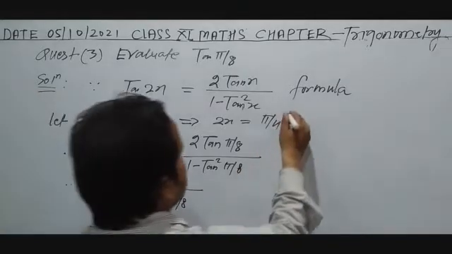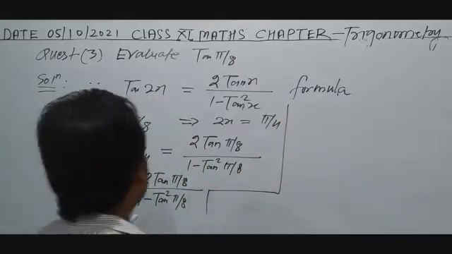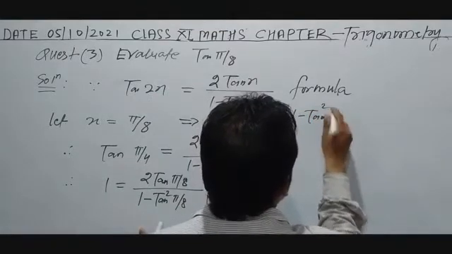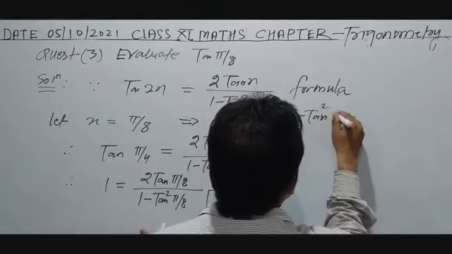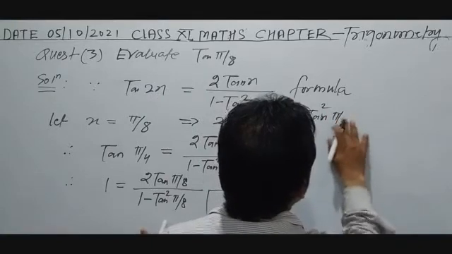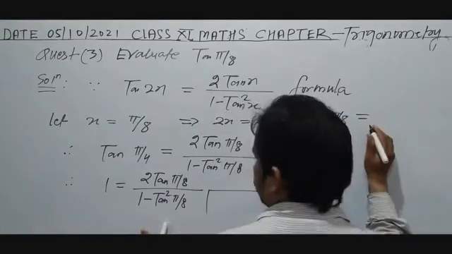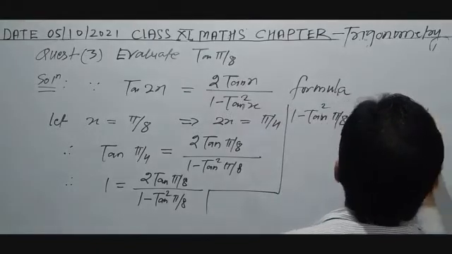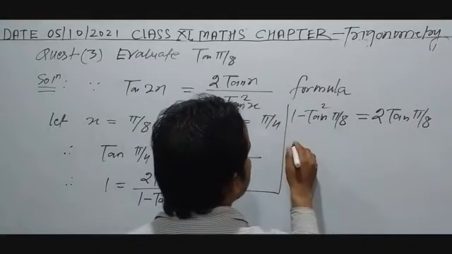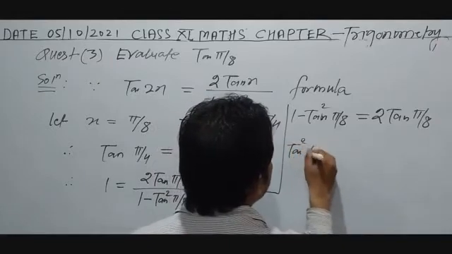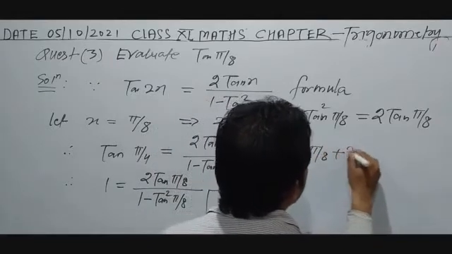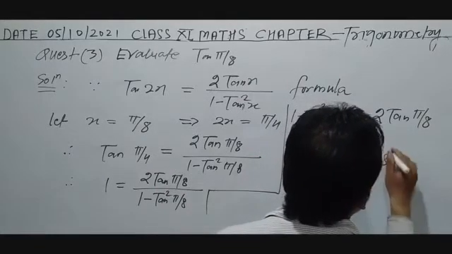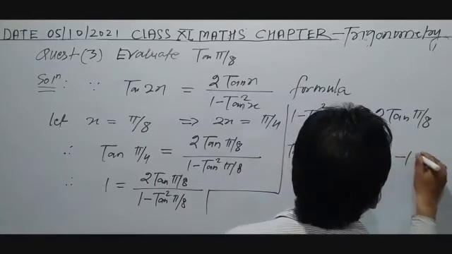After cross multiplying, what will be the result? 1 minus tan square pi by 8 is equal to 2 times tan of pi by 8. Then the result will be tan square pi by 8 plus 2 times tan of pi by 8 minus 1 is equal to 0.